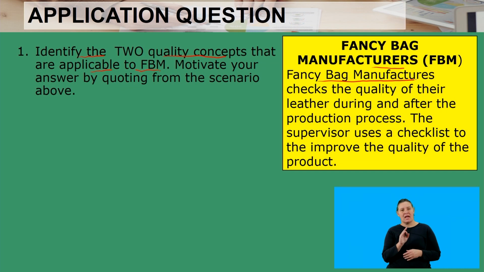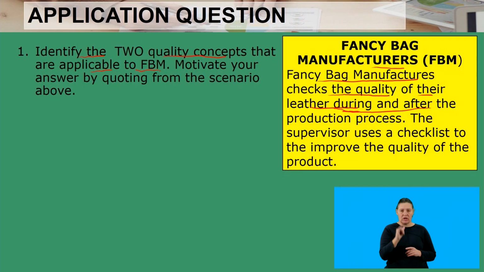When you are looking into Fancy Bag Manufacturer, you need to check that this business checks the quality of their leather during and after. Remember, when you're looking into a quality concept or any business studies content, it's important to underline and keep a reminder using your keywords. The fact that they check during and after helps you pick an answer from that statement.